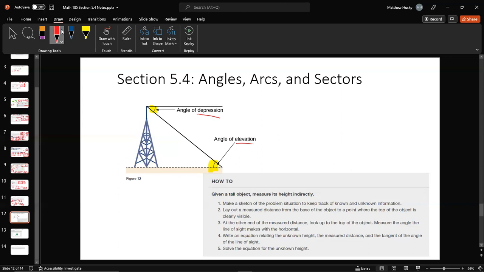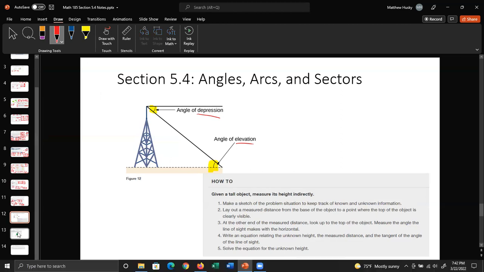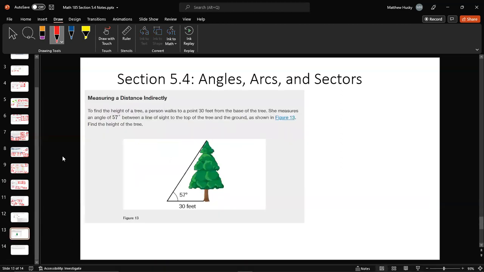And if you can figure out the angle, and if you can measure the horizontal distance, then you can break out the magic of trigonometry to figure out how high something really tall is. There's a way to do that using trigonometry, which I think is pretty awesome.